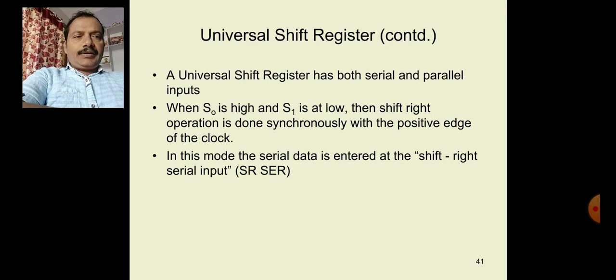So it has serial and parallel inputs. When S0 is high and S1 is low, then shift right operation is done synchronously with the positive edge of the clock. In this mode, the serial data is entered at the shift right serial input.